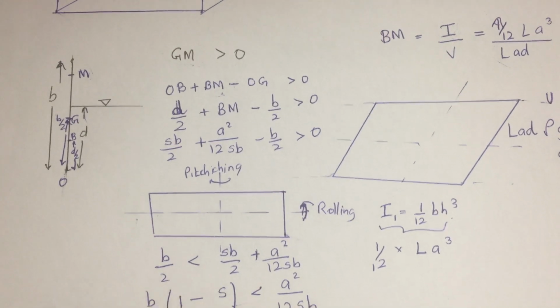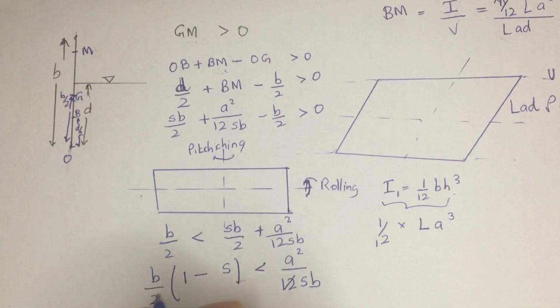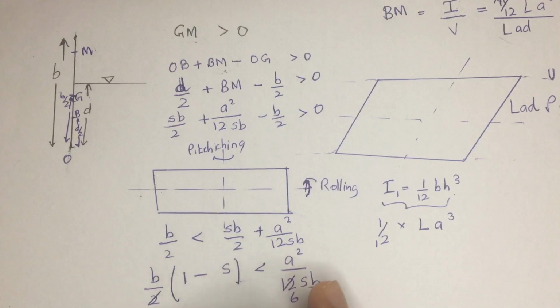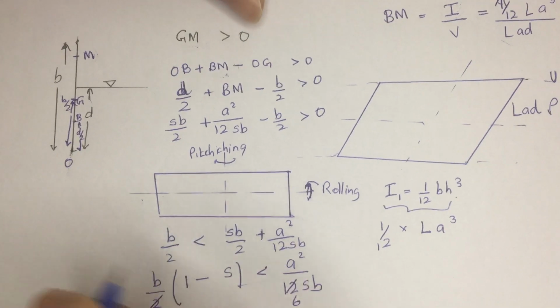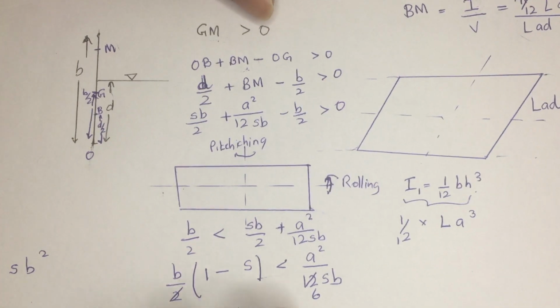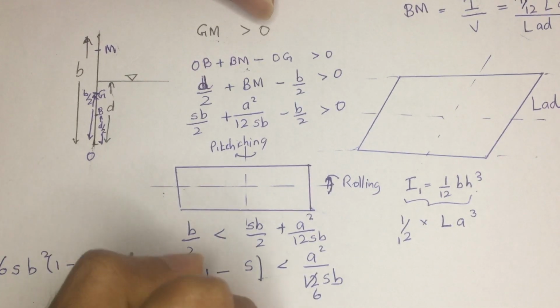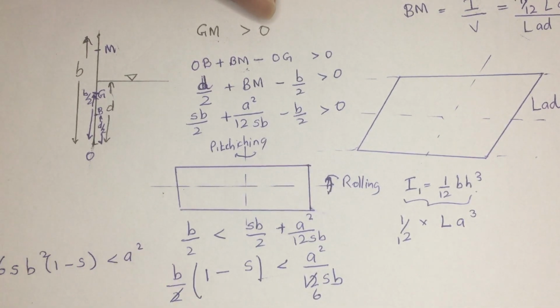So actually you can even simplify this. If you bring this 12, you can easily cut down this part, it's going to be 6SB. If you bring this SB to this side, you are going to get 6SB squared into 1 minus S less than A squared.